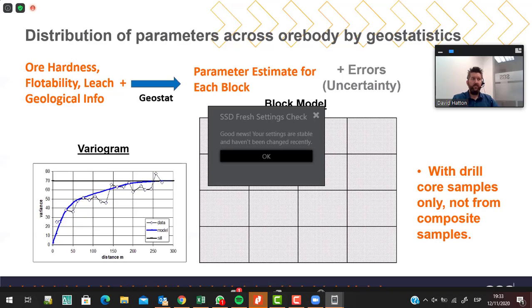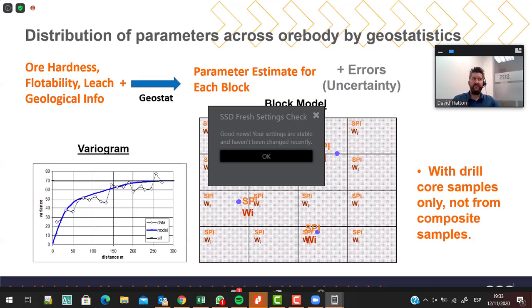Right, so once we've got our metallurgical parameters, we need to distribute those on the block model. We do that as Jan would have described yesterday. Essentially, we need to look at the variograms, the correlations in the data, or the hardness numbers with distance. And so if we have 3 samples as shown here with SPIs, our variogram will determine the weighting of those samples for populating all the blocks in the immediate vicinity.